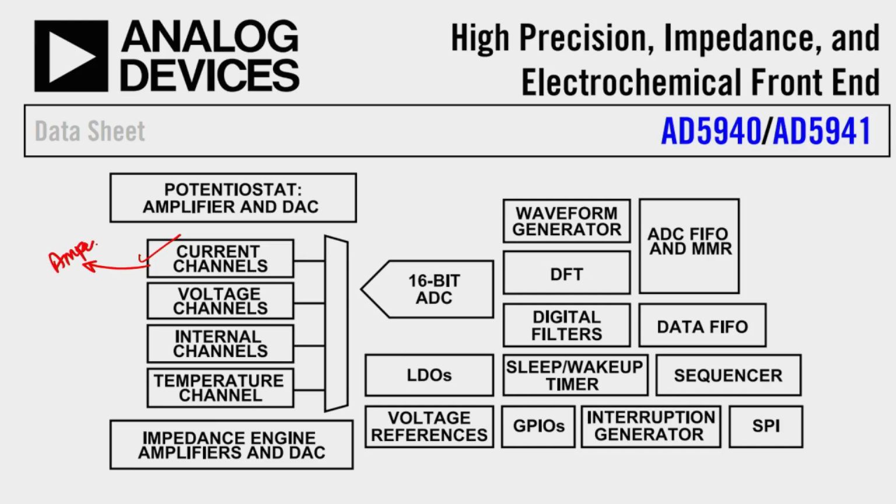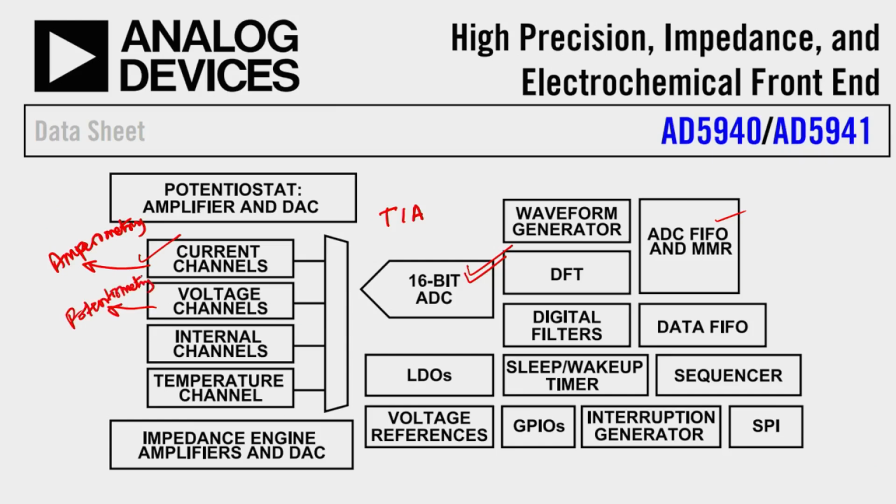So these current channels, if we look in more detail, have something called a TIA amplifier, transimpedance amplifier, which will convert the amperometric current into voltage, and this voltage is digitized using ADCs. These ADCs digitize the output from the current channels. Voltage, potentiometry, okay, potentiometry.